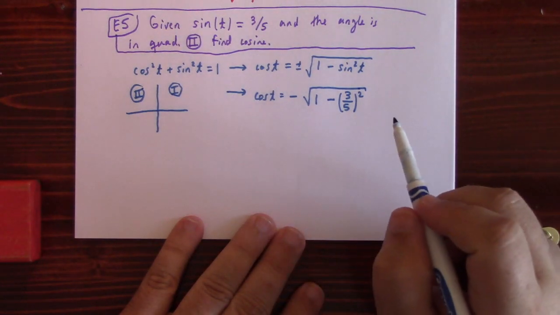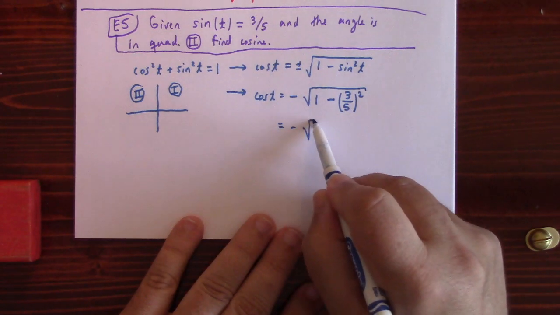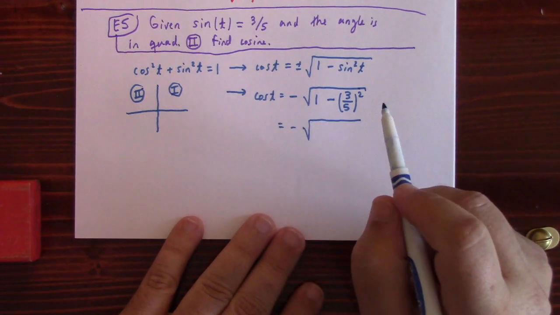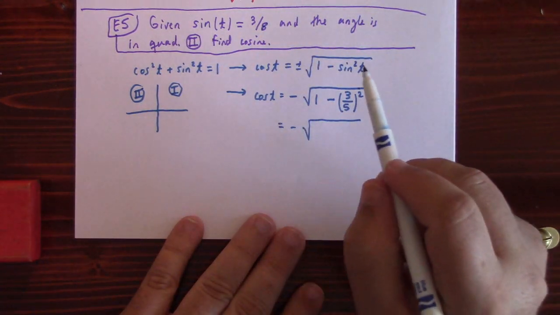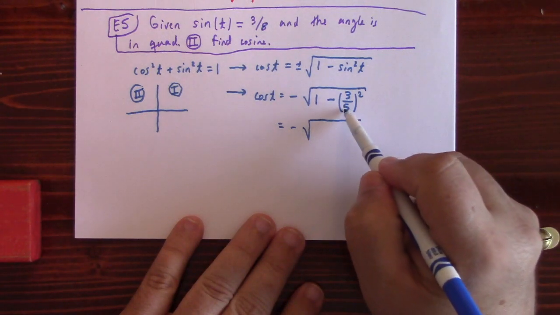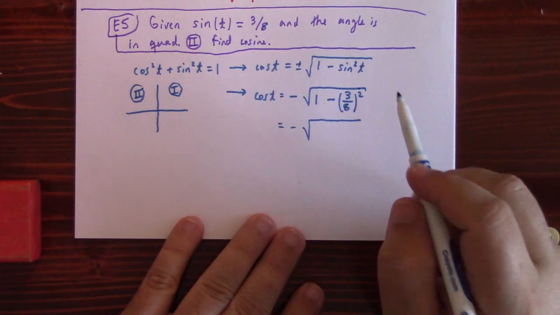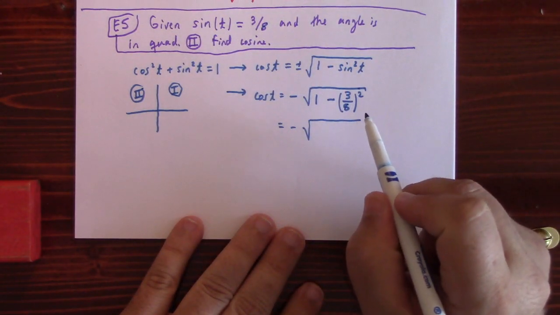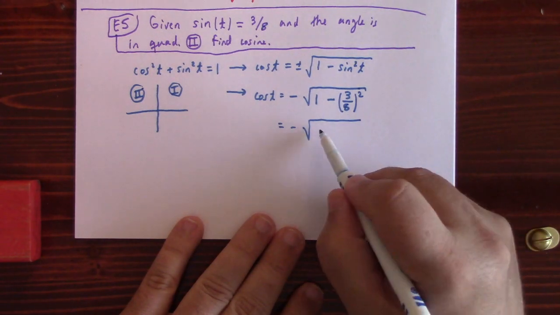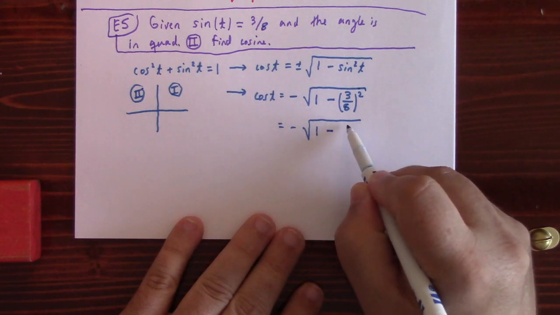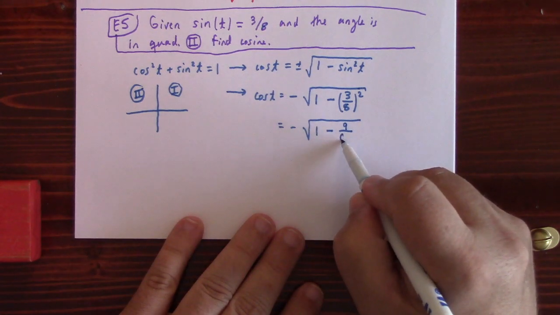And so that's minus the square root. Oh, I'm supposed to make that an 8. Start with that. 3/8. So, alright. And so that gives me 1 minus 9, 8, 64, right?